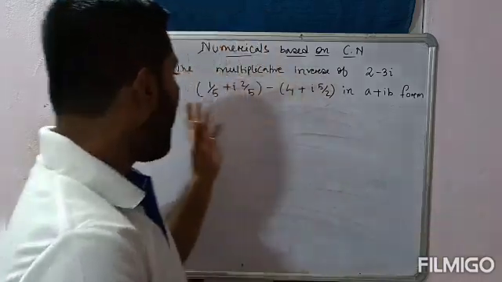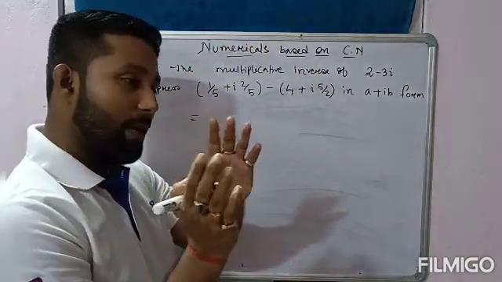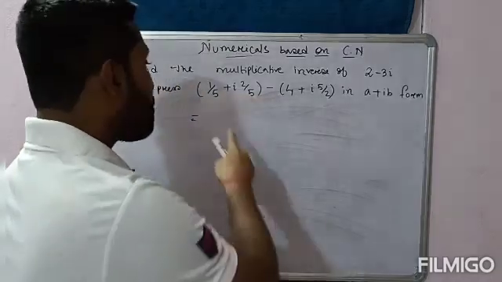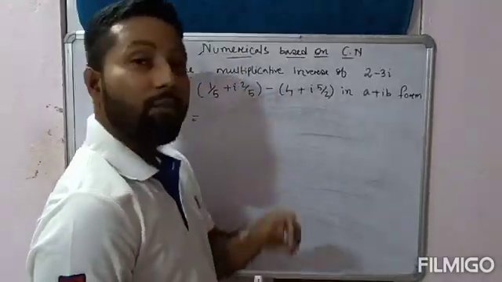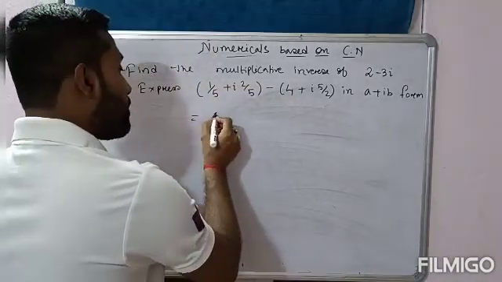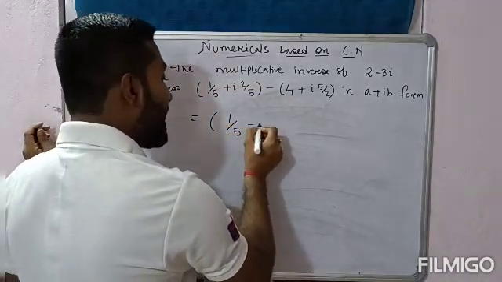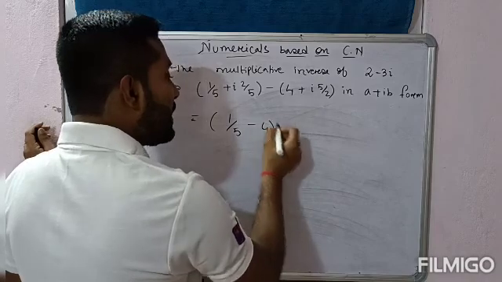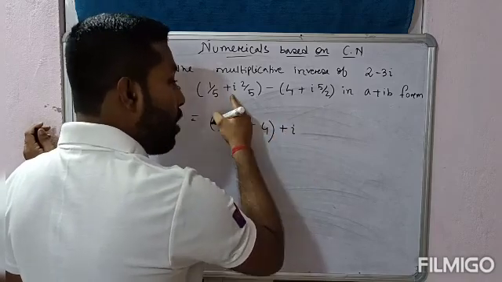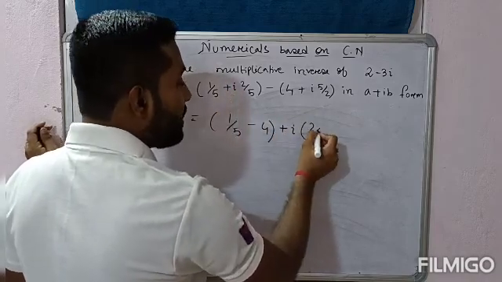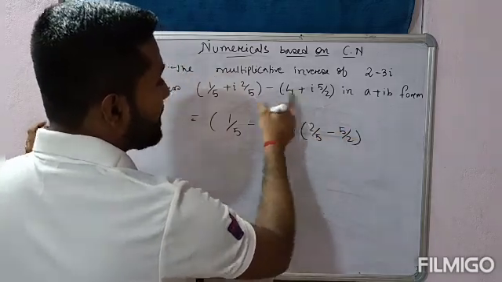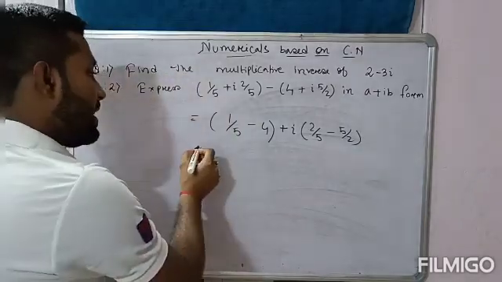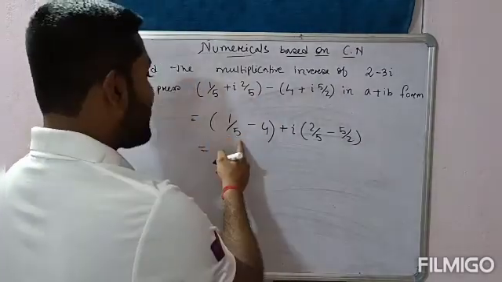So here also you have to do like this so that we can separate the real and imaginary terms. So 1 by 5 is real, and here in this bracket minus 4 is real. Then we take i common. If I take i common, this will be 2 by 5 minus 5 by 2 here, because plus minus only. Okay, so here if I take the LCM, it will be 5.